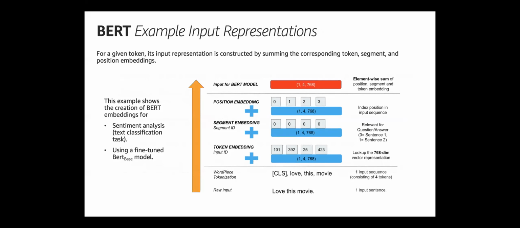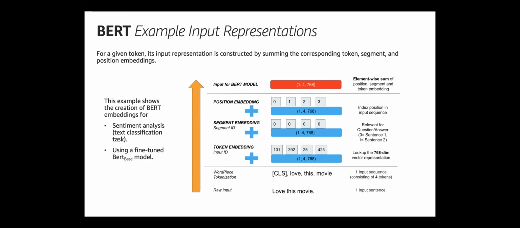All right, here's a quick visualization of how this works. So if you're reading this bottom up, you can see that at the bottom I have my sentence. So I say, love this movie, right? This is a very short, casual expression of a customer review. And we run it through this WordPiece tokenization, and we can see the first special token, CLS, gets inserted.